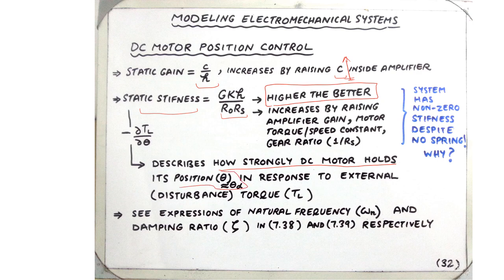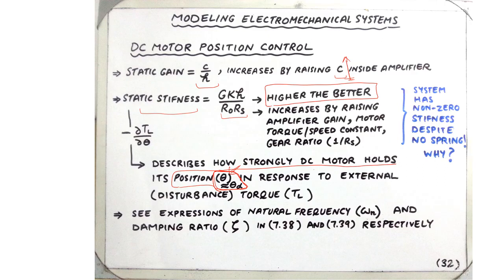So in the position control system, we want theta to be as close to theta D as possible all the time. As the reference position changes, the motor is rotated so that the angular displacement available at the output of the larger gear is essentially equal to theta D.